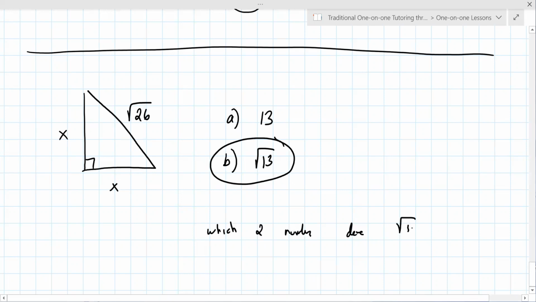Okay, now which two numbers does the square root of 13 fall between? And if you need to, make a number line or use your notes, but could you give me the two whole numbers that the square root of 13 falls between? 3, 4.